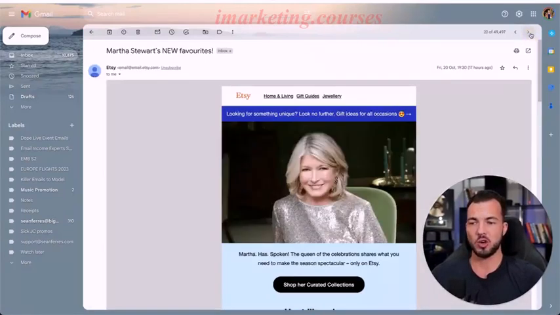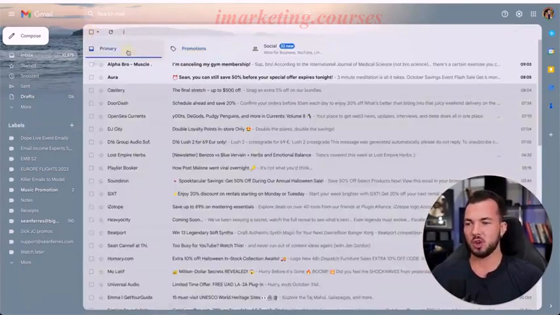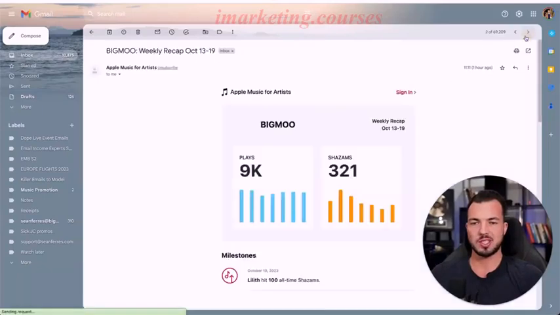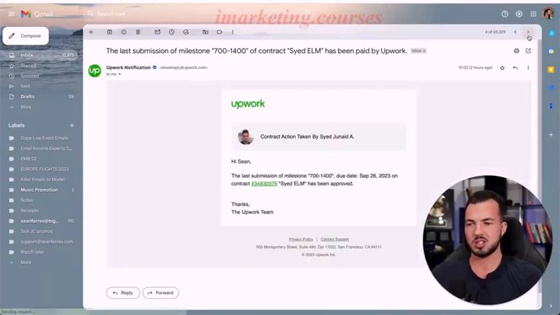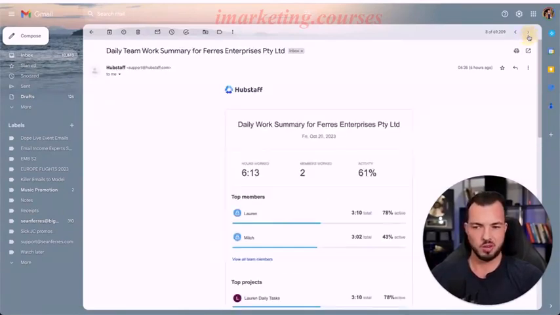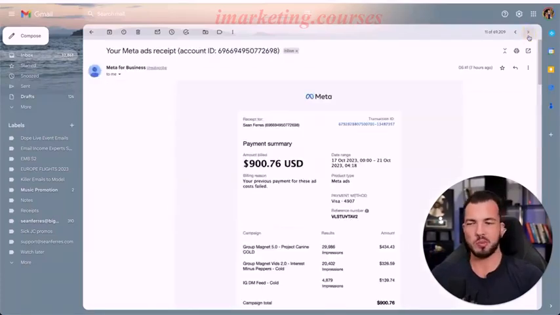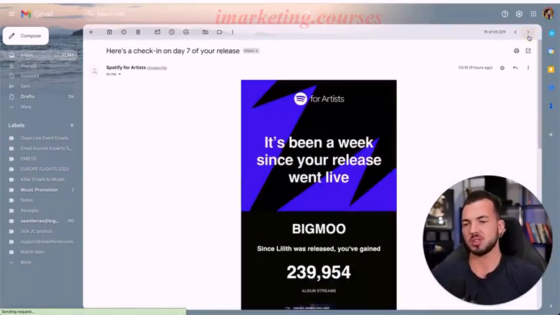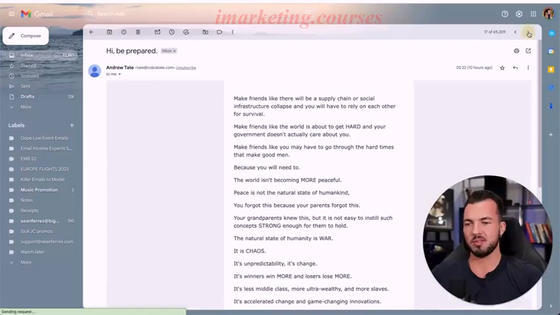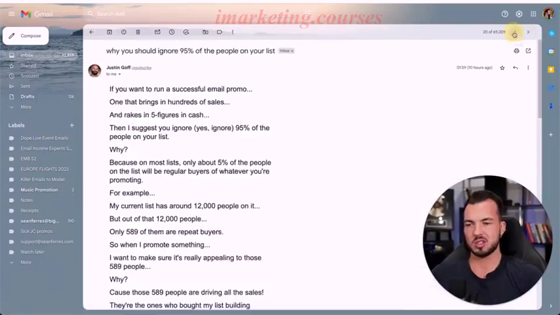That's why they all go to promotions. And if you look at all the emails in primary, what do they all have in common? Well, for the most part, all of these are going to be text-based emails. See, text, that's from Upwork. That one snuck in, but this is most of them. If you go through them, they're going to be generally more personal looking text style emails and less of this. Spotify, obviously, I've whitelisted them. But for the most part, less of these flyer graphics style.